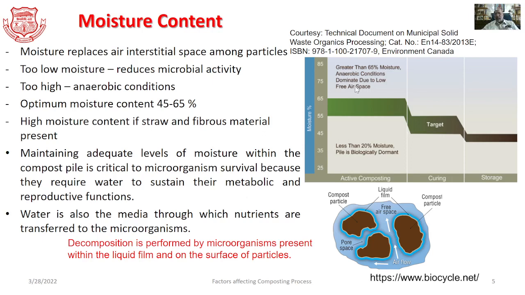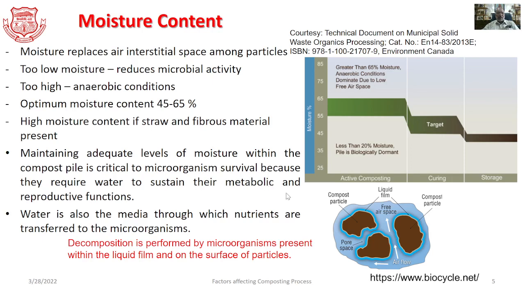The way you see here, in the active composting stage, the moisture requirement is ranging between 55 to 65%, whereas at the subsequent stages of curing as well as the storage, the moisture could be as low as 45 to 55%.